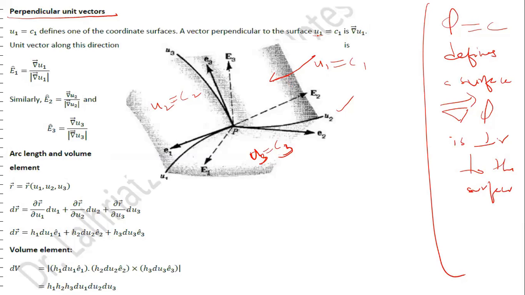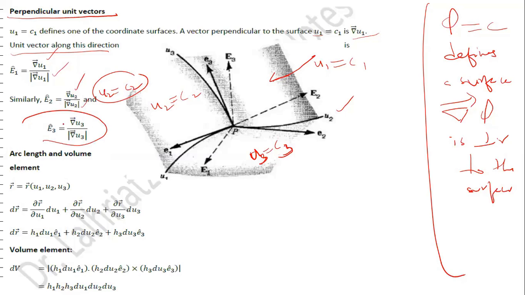In order to find a vector perpendicular to the surface, you simply take the grad of u1. So the unit vector along this direction will be grad of u1 divided by the magnitude of grad of u1. Another unit vector, perpendicular to the u2 equal to c2 surface, is grad of u2 upon magnitude of grad of u2.